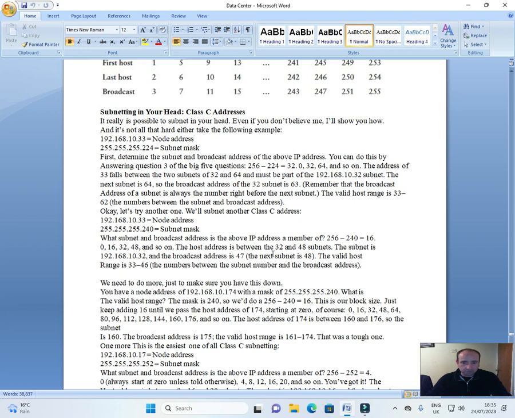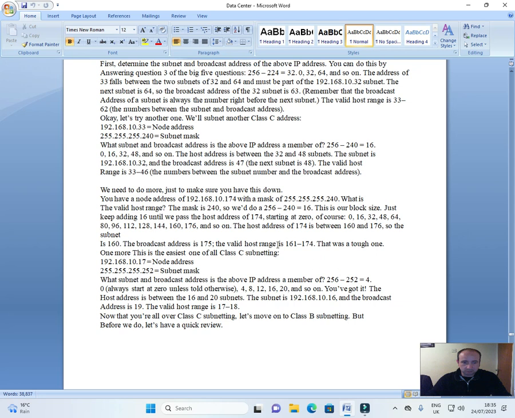The host address is between the 32 and 48 subnets. The subnet is 192.168.10.32 and the broadcast address is 47. The next subnet is 48. The valid host range is 33 through 46, the numbers between the subnet number and the broadcast address.